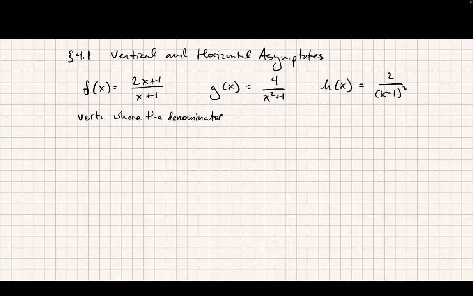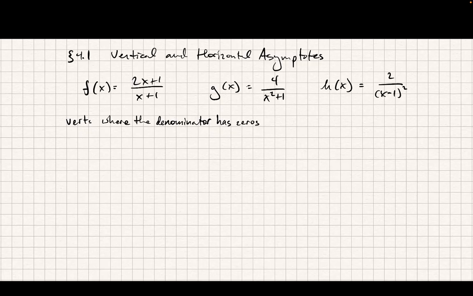You make every part equal to 0, and each of those is a vertical line at that x value. That's an asymptote. So we're going to have vertical asymptotes at the zeros of the denominator.